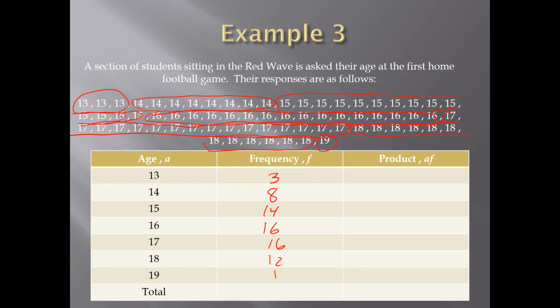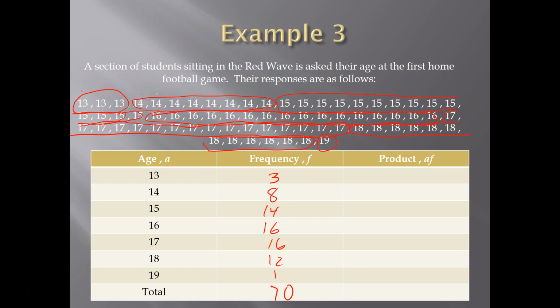Now, one of the nice things about a frequency table is that I can very easily add all these numbers up. Like 3 plus 8 is 11, 11 plus 14 is 25, 25 plus 16 is 41, 41 plus 16 is 57, 57 plus 12 is 69, 69 plus 1 is 70. I can do that easily in my head very quickly. That is a lot easier than counting 1, 2, 3, 4, 5.